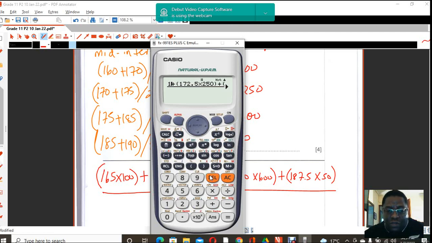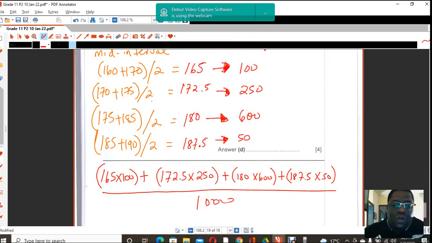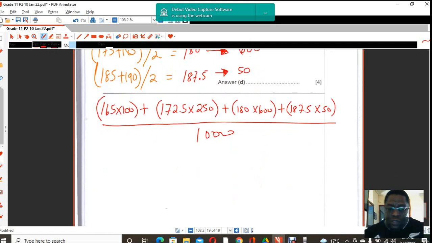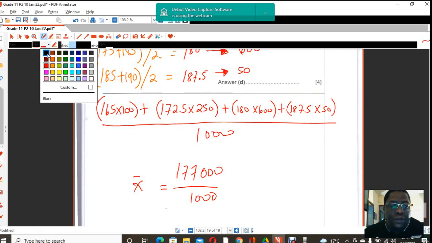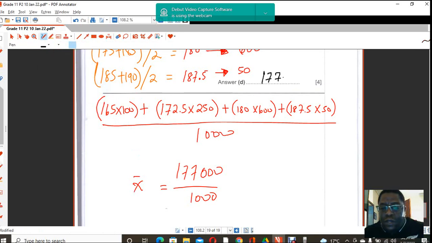Okay, just not to confuse, let's say bracket 165 times 100. There we go. Our answer is 177. Of course, if you wanted to show, the answer would be 177,000 over 1000. So our estimate of the mean is 177. Folks, there you have it.